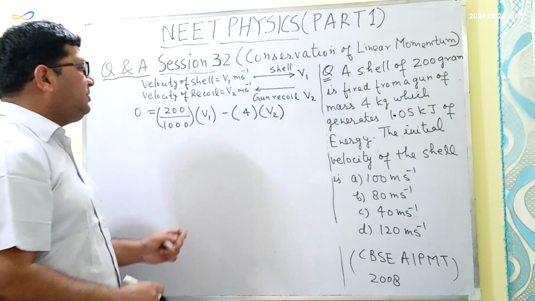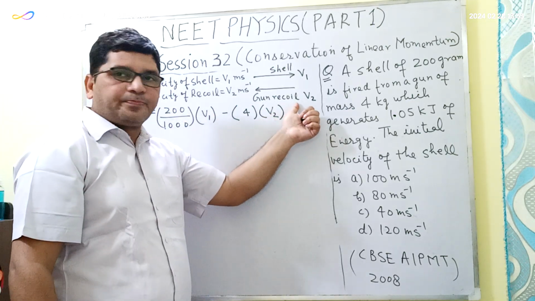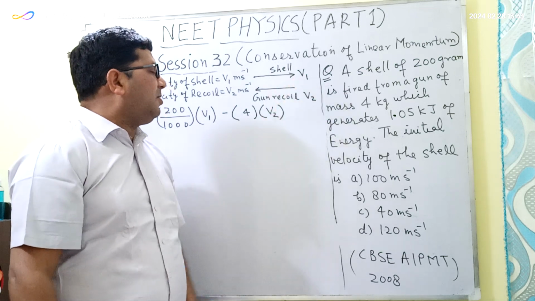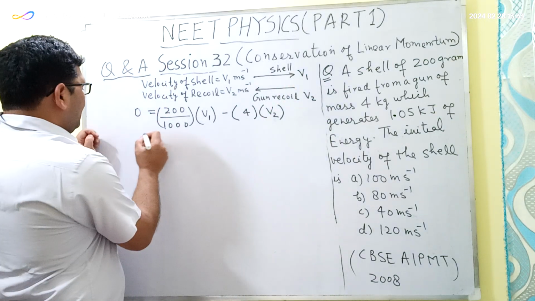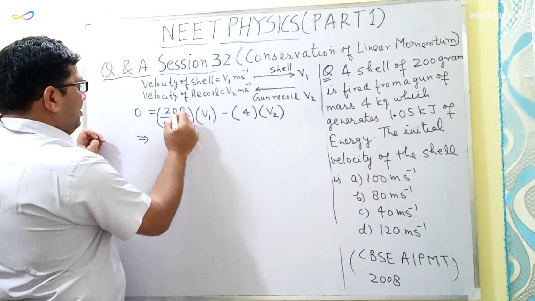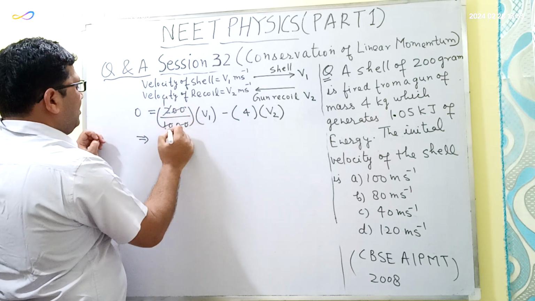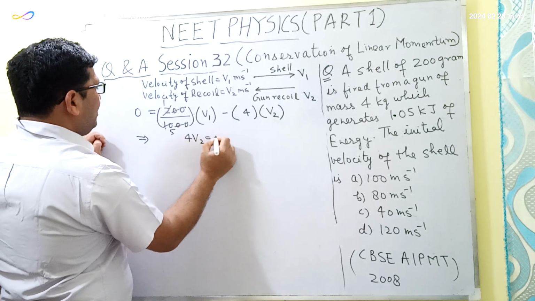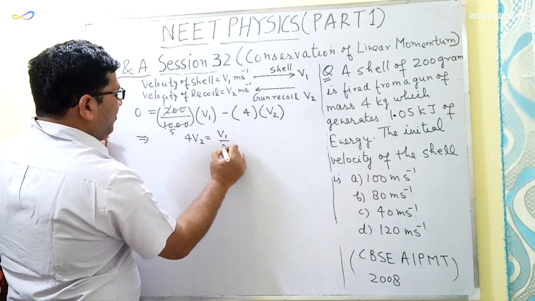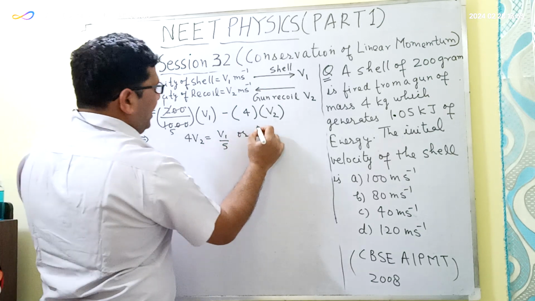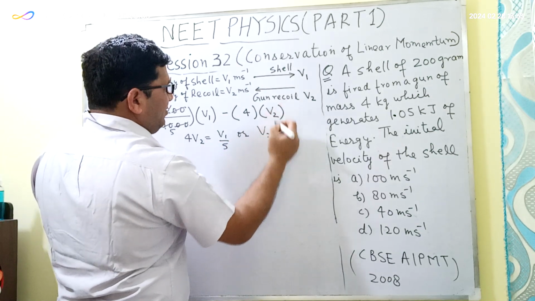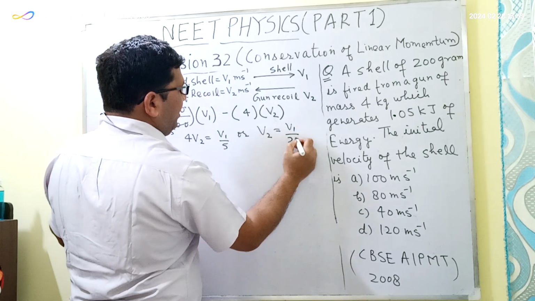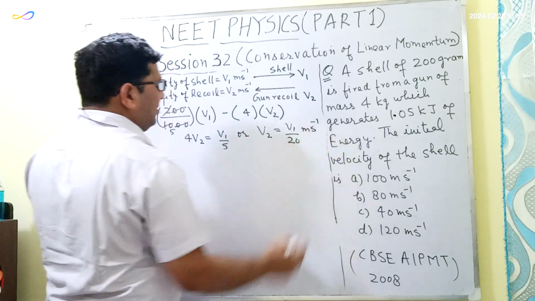And here the minus sign means that the velocity of this gun recoil is in the opposite direction of the velocity of the shell. So from this equation, I am getting that 4V2 is equal to V1 upon 5, or we can say that the velocity of the gun recoil will be equal to V1 upon 20 meter per second.